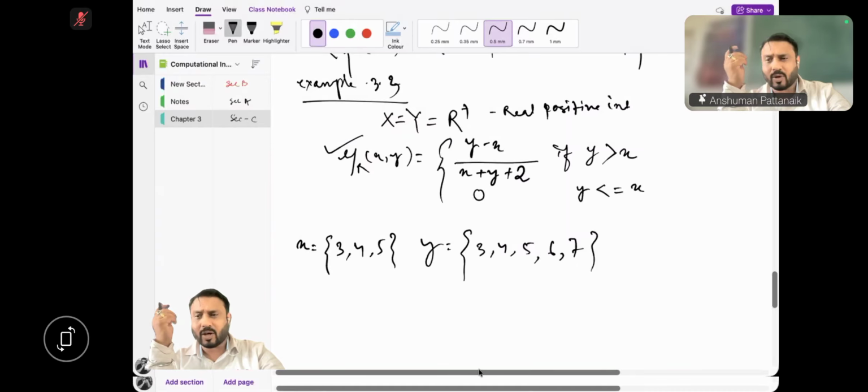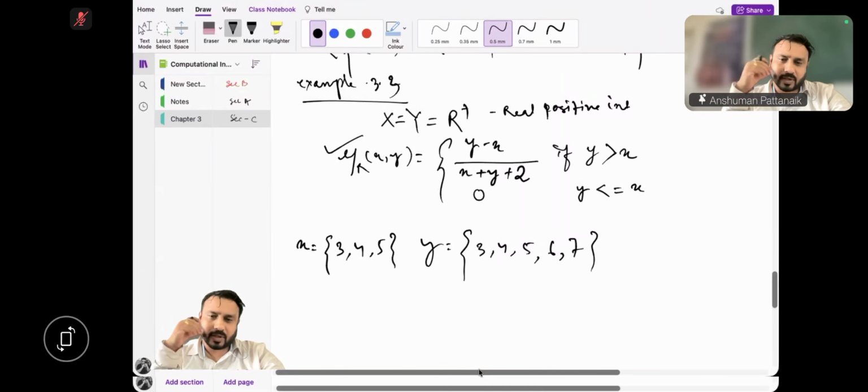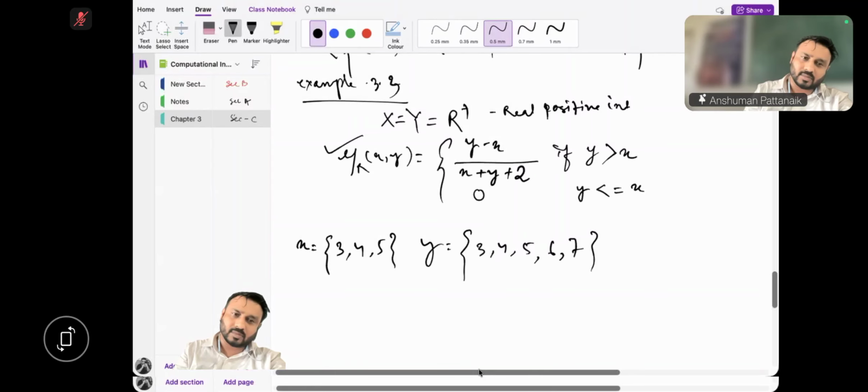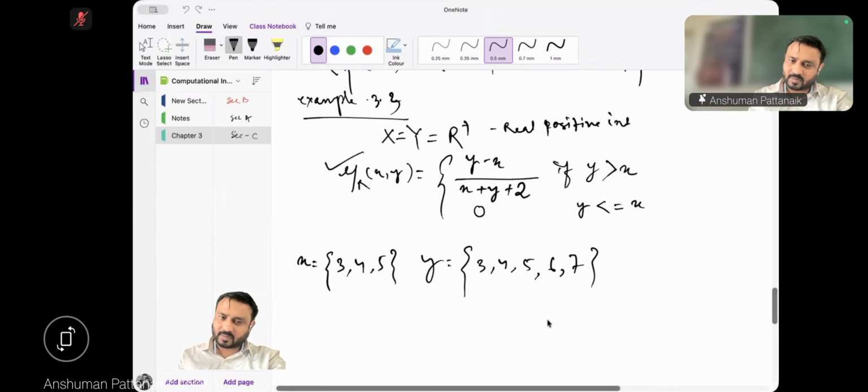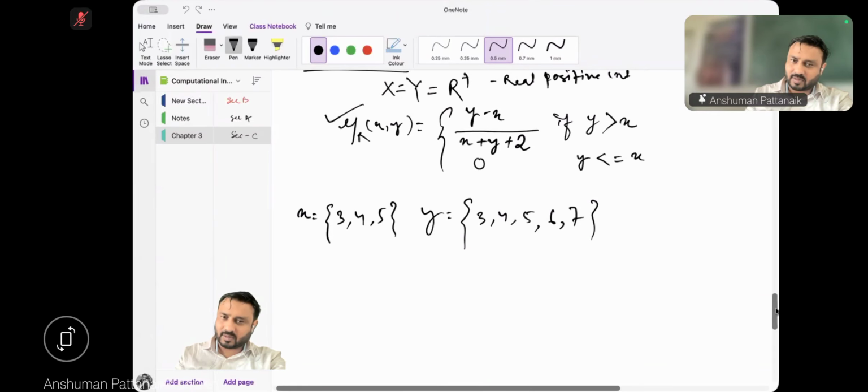My question is why you are putting the inverse of it? Why is the inverse required? I'm not getting why you need the inverse. What is the requirement of inverse?